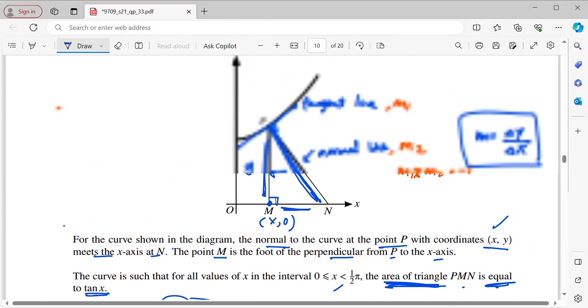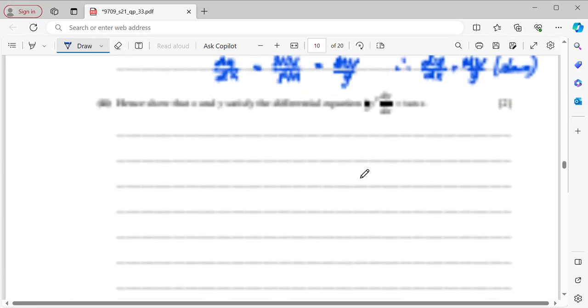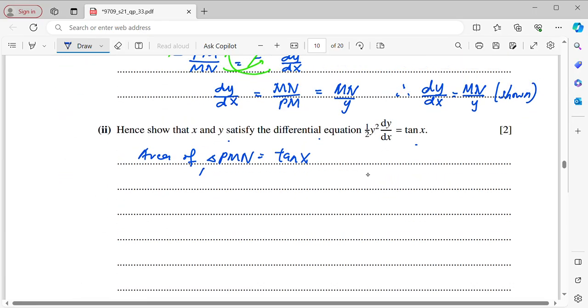So when you refer to the triangle here, it will be half of PM, which is our y, times MN. So half of PM times MN will be tangent x. And the PM is y.